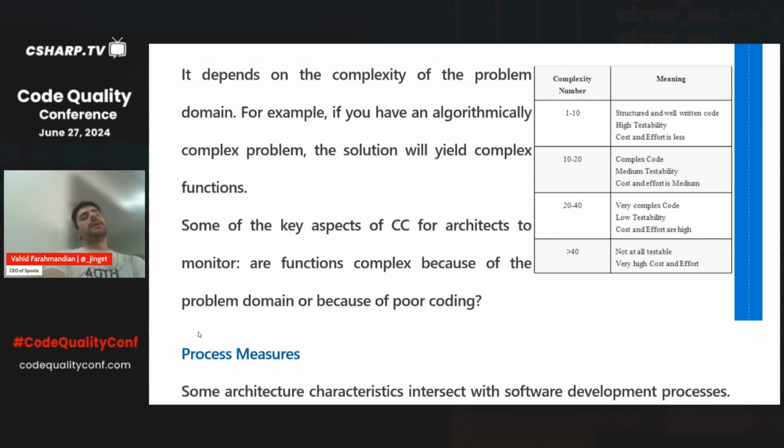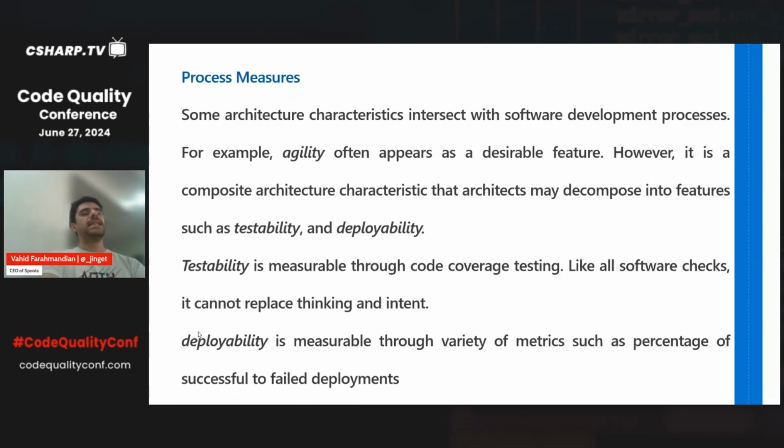The final method to measure the architecture characteristics is the process measures. Some architecture characteristics are composed of many other architectural characteristics. For example, as I said, in software architecture, agility might be composed of testability and deployability. We need to measure testability and deployability in order to measure the agility at the top level.